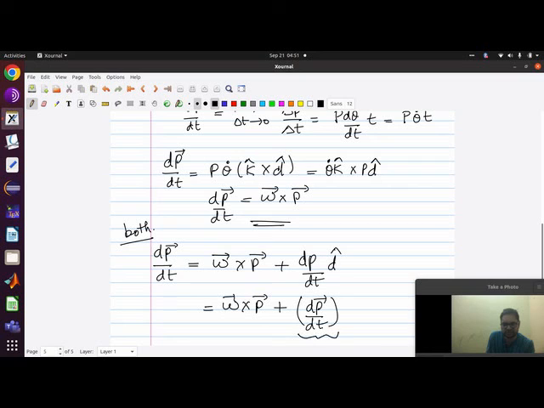When we are using parentheses, this means a change in magnitude alone. So when you are differentiating a vector, there are two components. One is due to change in direction, the other is due to change in magnitude. Okay.